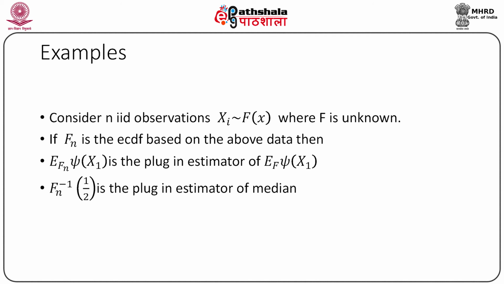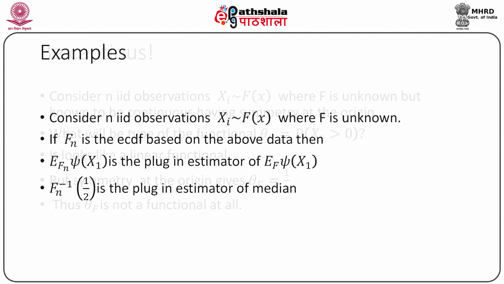Therefore, the expected value of psi(x) under Fn is the plug-in estimator corresponding to the functional expected value of psi(x), and this expected value of psi(x) under Fn is nothing but the arithmetic mean based on psi(xi) values. As another example, we can think of Fn inverse of half, that is, the sample median, which is also the plug-in estimator corresponding to the population median.